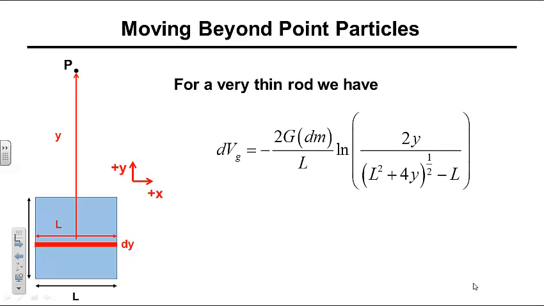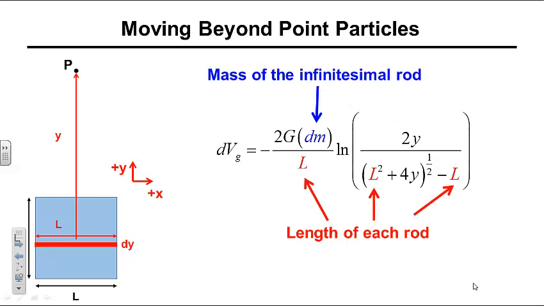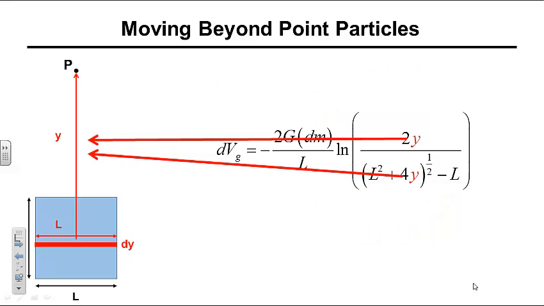If these rods are infinitesimally thin and contain a mass dm, their infinitesimal gravitational potential would be given by this equation. In this equation, the variable dm denotes the mass of the rod, the variable L is the length of the rod, and the variable y is the distance from each rod to the position P where the gravitational potential of the system is measured.